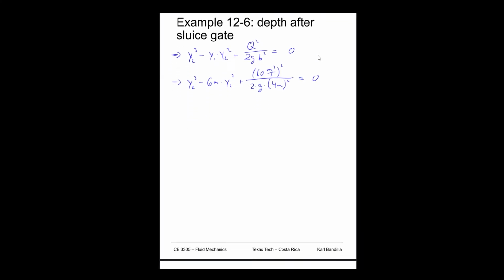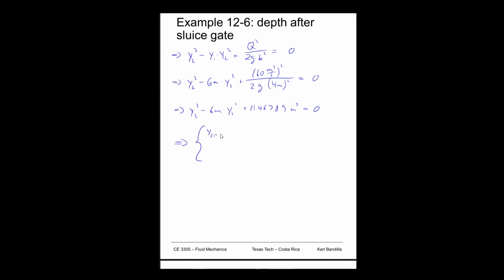All right, if we plug those numbers in, y2 to the third power minus 6 meters times y2 squared plus 11.46789 meters cubed is equal to 0. Stick that into whatever solver you want to use.